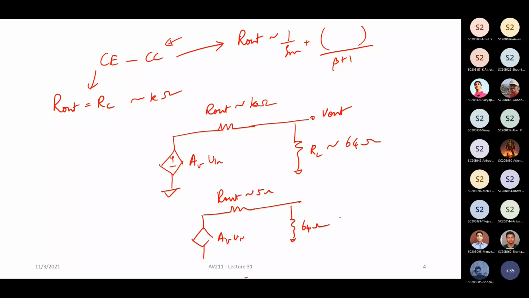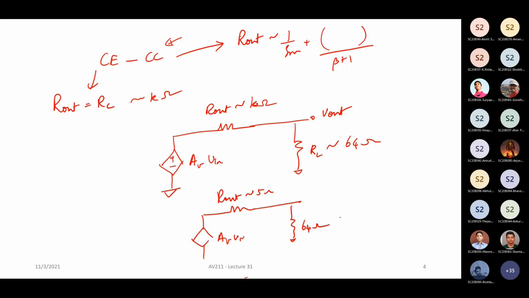So this is why we have this pairing of common emitter and common collector. I also explained how if you try to change RC, you can tweak RC such that you get a very small output impedance. But if you do that, you will be losing out on your headroom and other things.